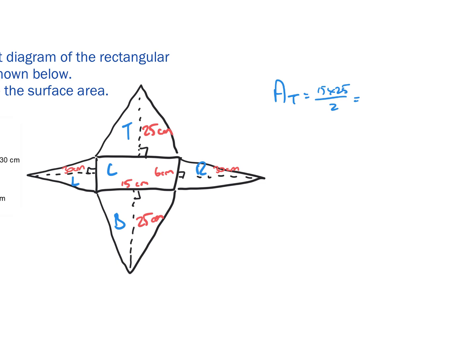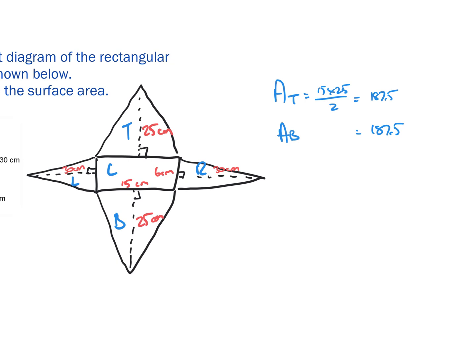I think it's 187.5 square centimeters. Which one is also 187.5? The left, the right, or the bottom? The bottom. So the bottom is also 187.5. And we don't have to include the units until we get to the answer, so I'm going to erase them.